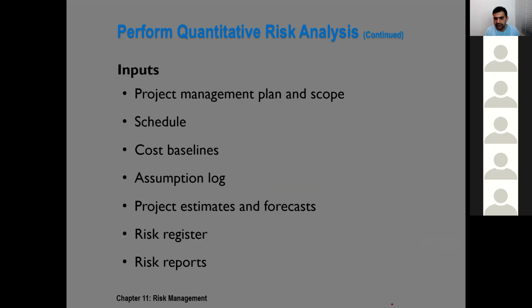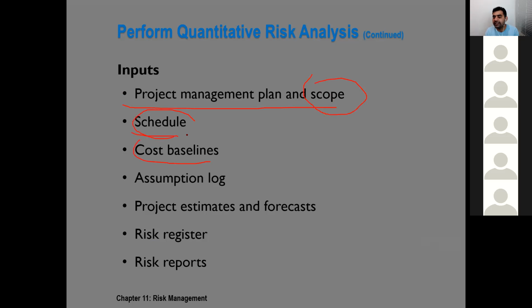While we conduct quantitative analysis, we take these inputs into consideration. For example, the plan and the scope. From scope, we get our project objectives, project deliverables, and work packages. Schedule, very, very important input. Most of the quantitative data come from schedule and cost.